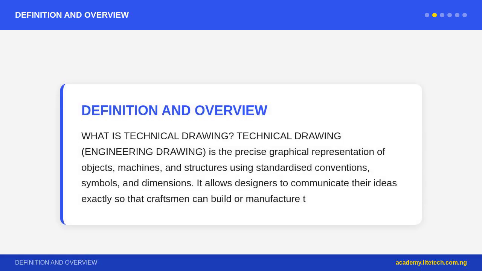Drawing instruments. Set square: a triangular plastic tool for drawing at specific angles. The 45 degree set square has angles of 45, 45, and 90 degrees, and is used to draw lines at 45 degrees or 90 degrees.